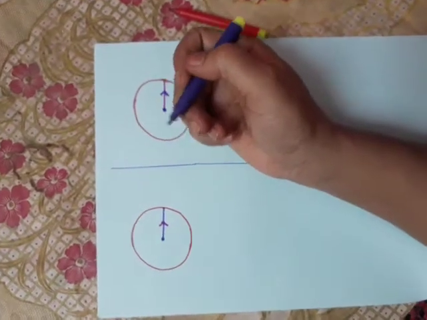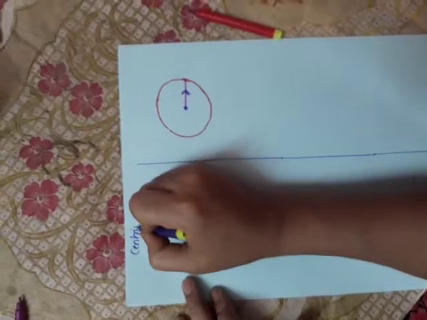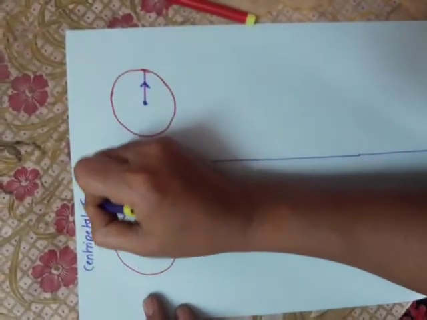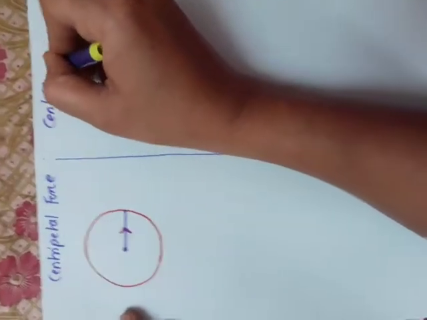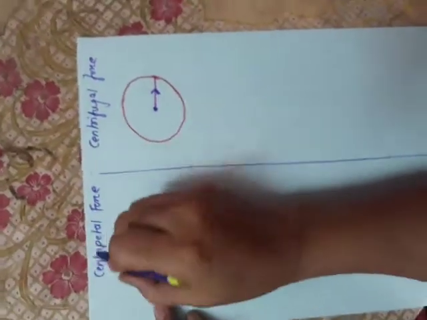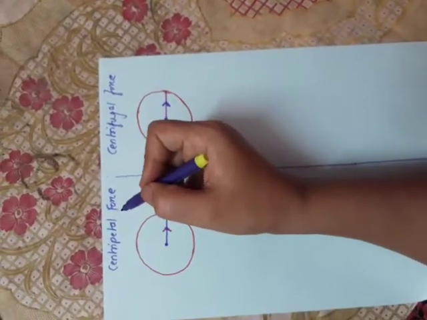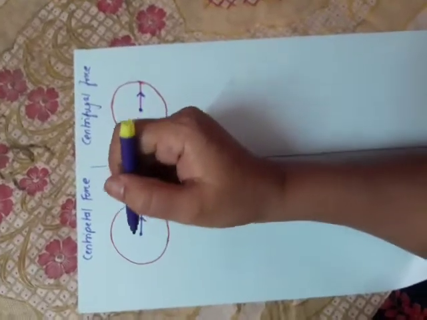Now the last point for today's lecture: centripetal force and centrifugal force. Centripetal force has another name, radial force. Why is this force known as centripetal force or radial force?